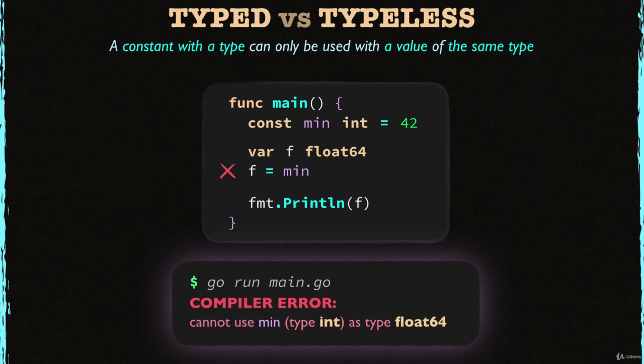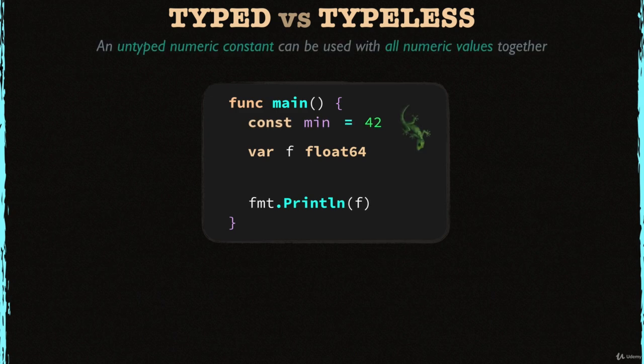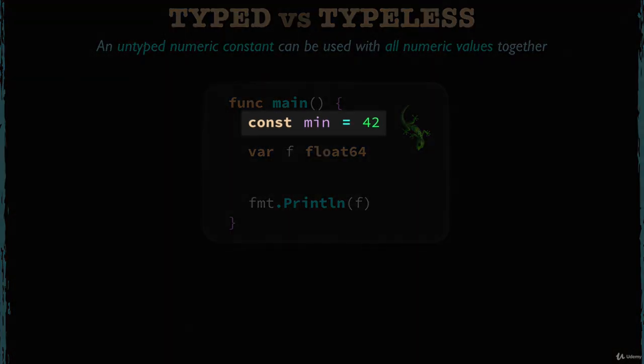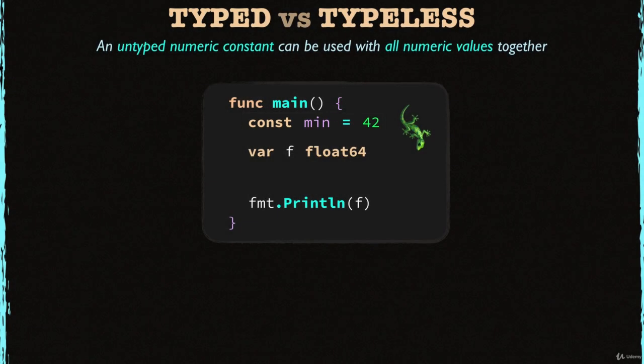As you'll see, the solution is using an untyped constant instead. Let's try the same thing with an untyped constant by removing the type from the constant declaration like this. As you can see, I removed the type from the min constant now. So it's a typeless constant. It's like a chameleon. It can change its type depending on where it is needed.